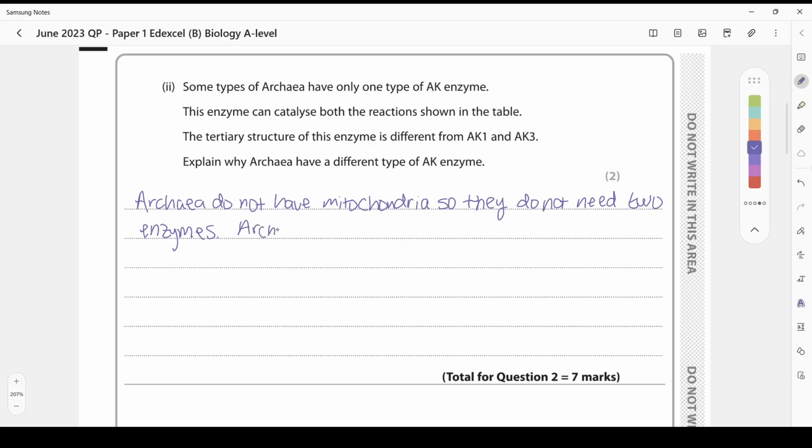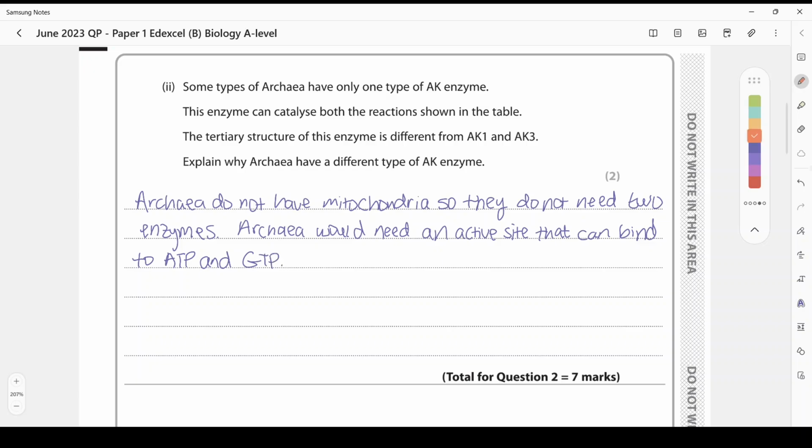So Archaea would need an active site that can bind to ATP and GTP.